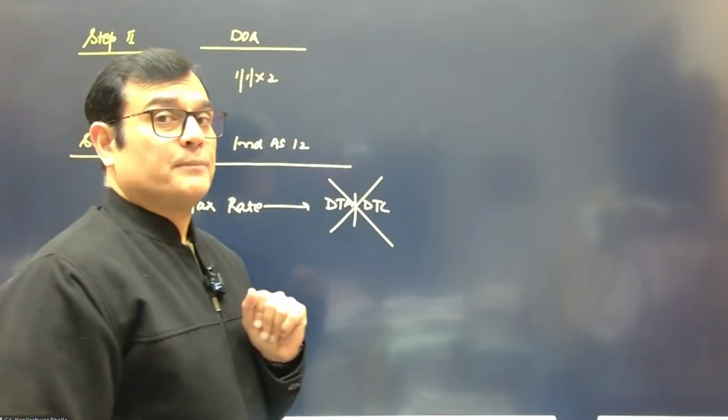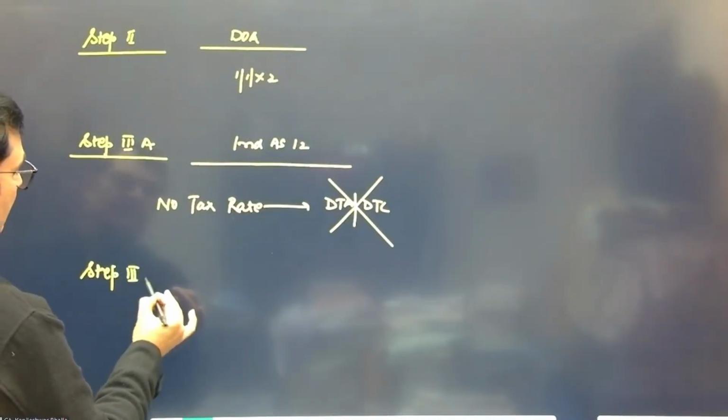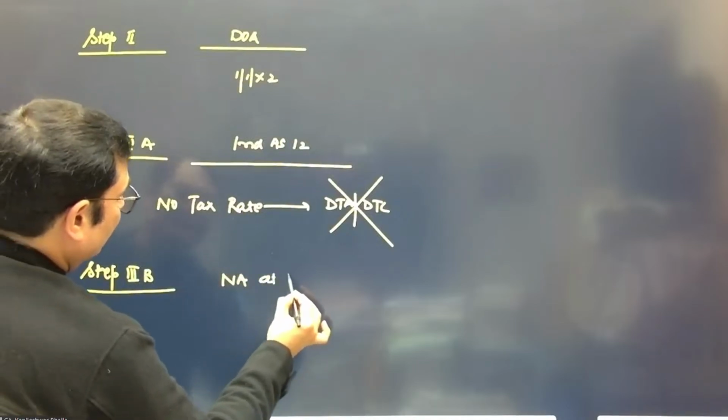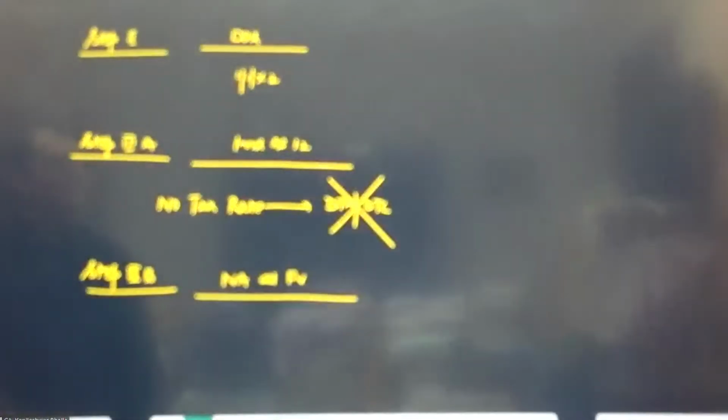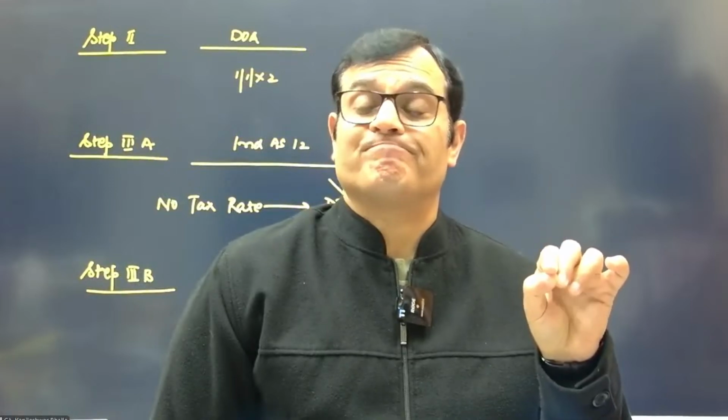Now let me ask you another obvious question. In terms of step 3B, we need to get the net assets at fair value. Which company? Which company are you going to pick up the net assets at fair value? The accounting acquiree. And which company is the accounting acquiree? Can I say AX?